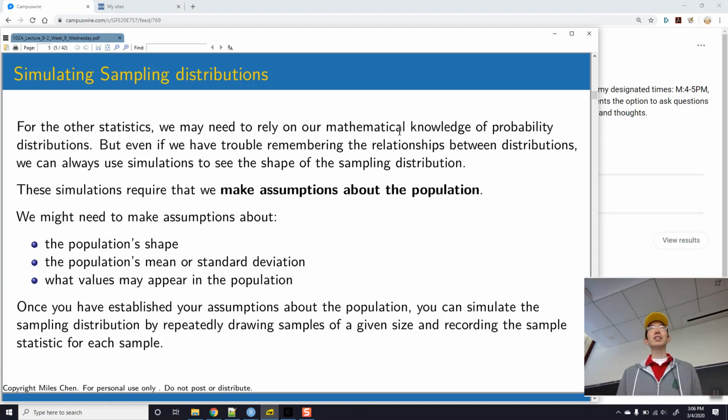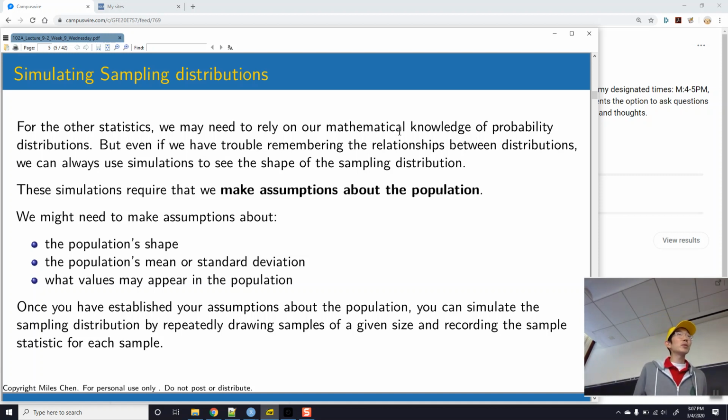You learn these distributions, and there are relationships between them. So we can rely on our mathematical knowledge of these probability distributions. But even if we have trouble remembering these relationships between distributions, we can always use simulations to get a sense of what the sampling distribution looks like.